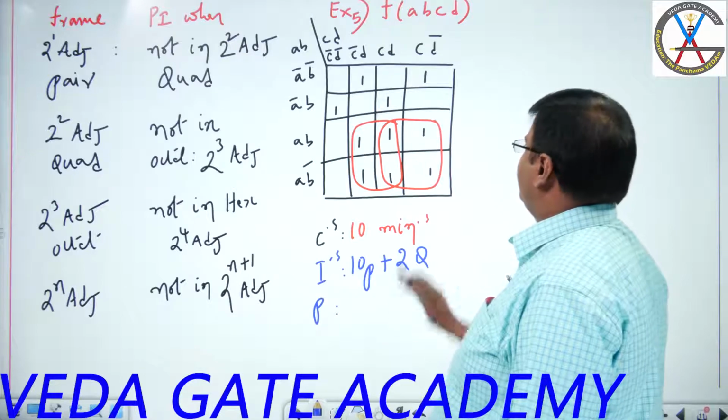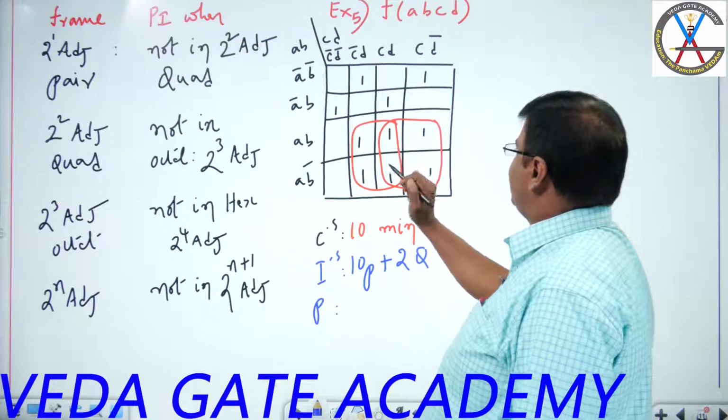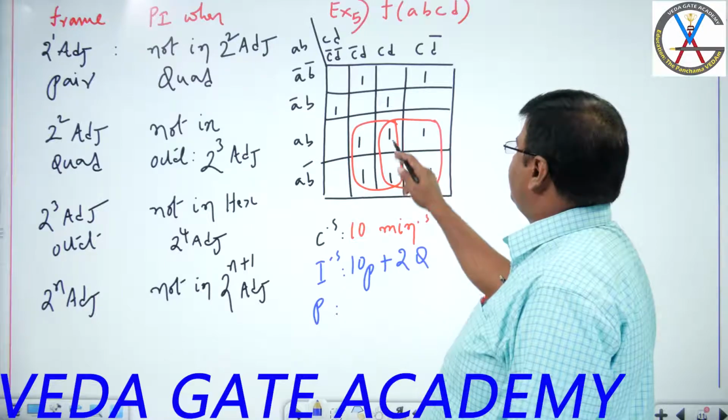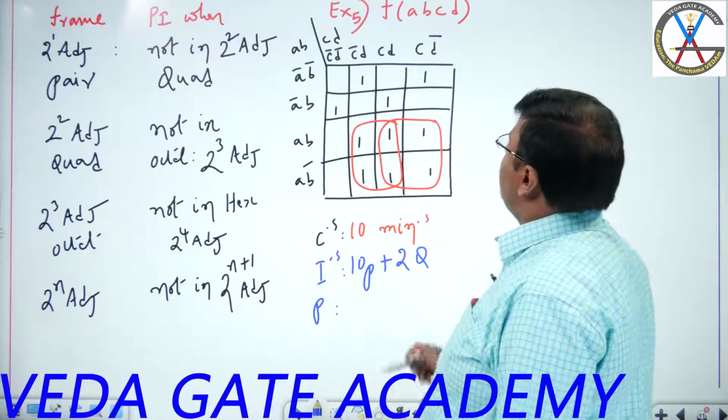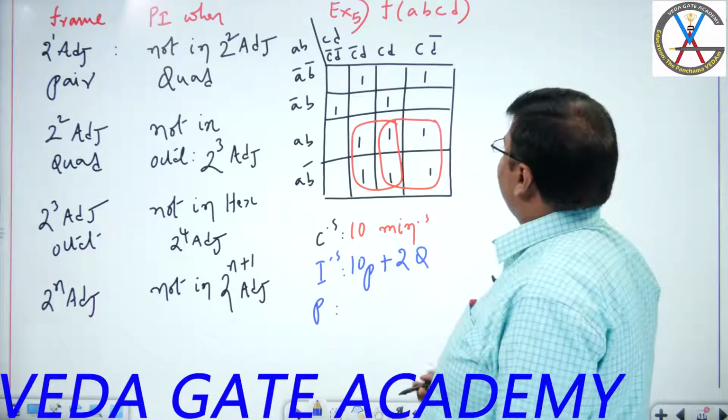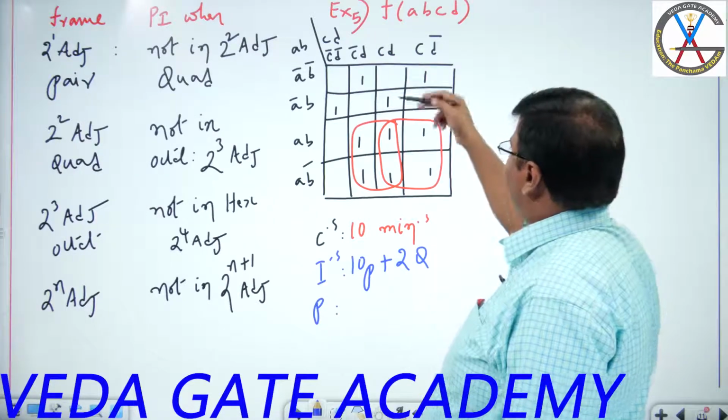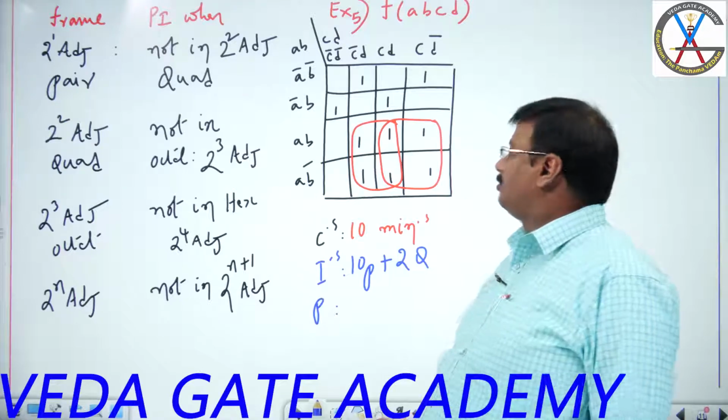This 2 is not a part of 4. This 2 not a part of 4. These 2 are a part of 4, all these 2 are a part of 4. Leave it. And this 2 is not a part of 4. This 2 is also not a part of 4.